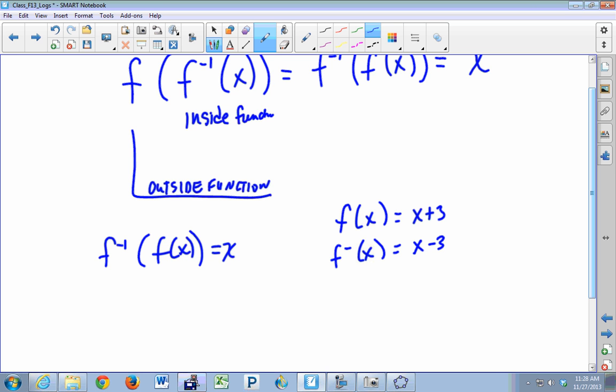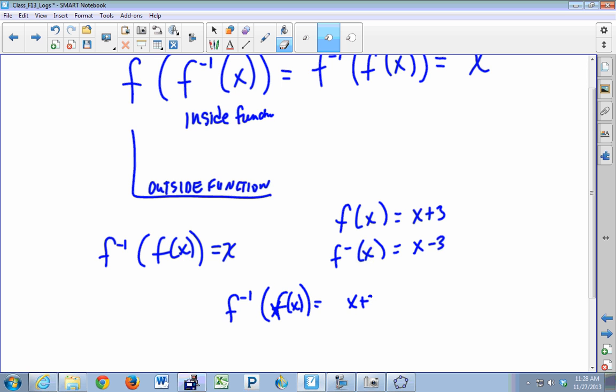So I'm going to put f of x into my inverse function. I put x plus 3 into where I see x in my inverse function, subtract 3, and I'm right back to where I started.